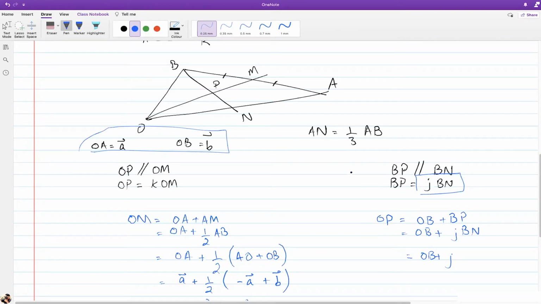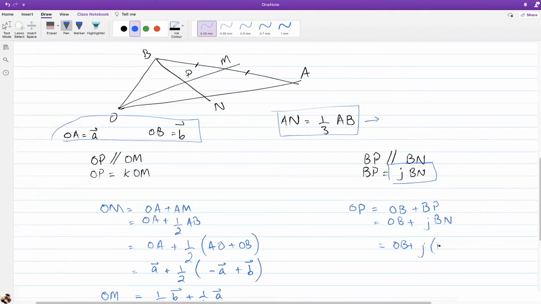Sir, BN, I can use this. I can say that going from A to N, what will it be? You have to go from B to N. Sir, you can do AB plus 1/3 AB. Yes, so you are basically saying that to go from B to N, you first go from B to A and then from A to N.